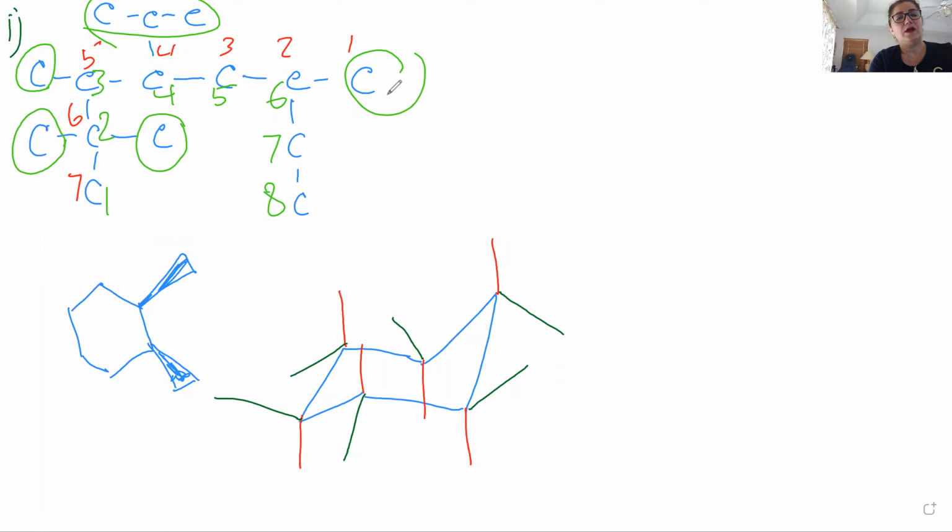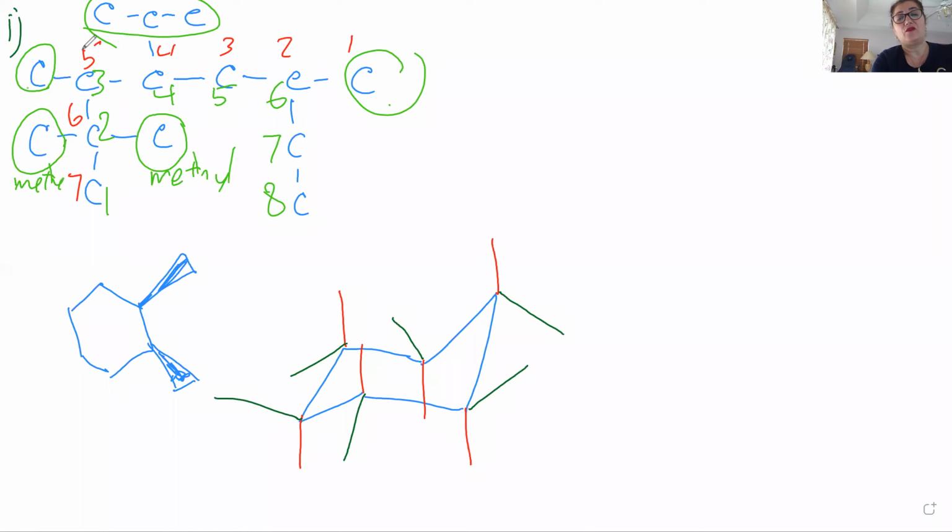So what are the names of the branches and the locations? And we are considering the green numbering system at this point. We have a methyl group on carbon number 2, another methyl group on carbon number 2, and a methyl group on carbon number 3. We have a methyl group on carbon number 6.